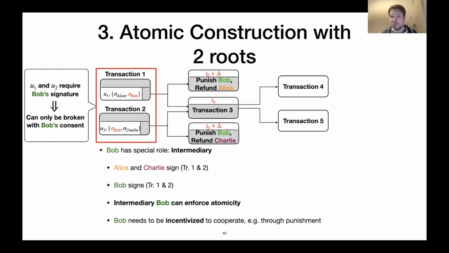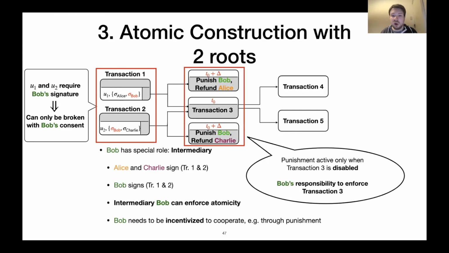We do so by introducing 2 more transactions. These transactions spend the same UTXO as transaction 3, but they have a time lock that is higher than transaction 3 by at least delta, such that they will only ever be relevant if transaction 3 cannot be added to the ledger.